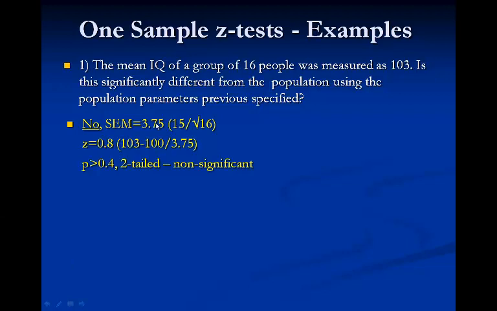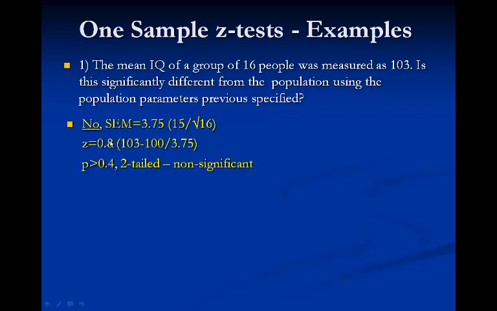So we can calculate a z statistic based on that, which is the difference between the means, 103 minus 100, divided by the standard error of the mean, 3.75, which conveniently gives us a z of 0.8, because 3 divided by 3.75 is 0.8.